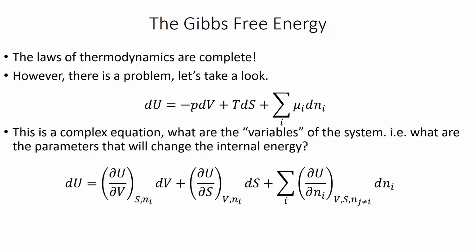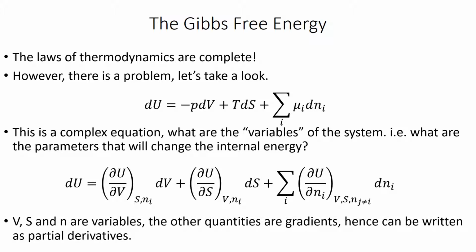And you can do it for each of the terms. And what should be clear to you now is that the volume, the entropy, and the number of moles or number of particles are the variables of the internal energy.